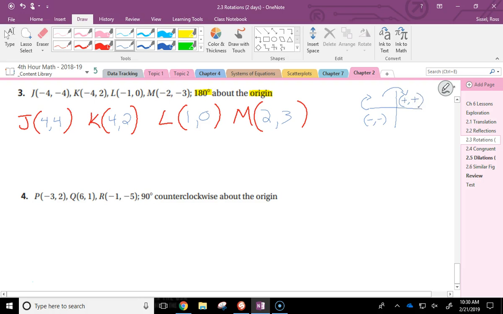So all my coordinate points need to be positive. There will be no negatives.